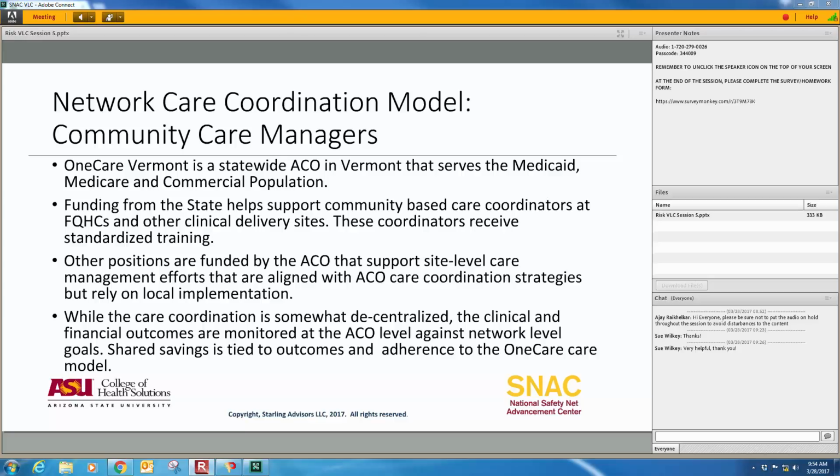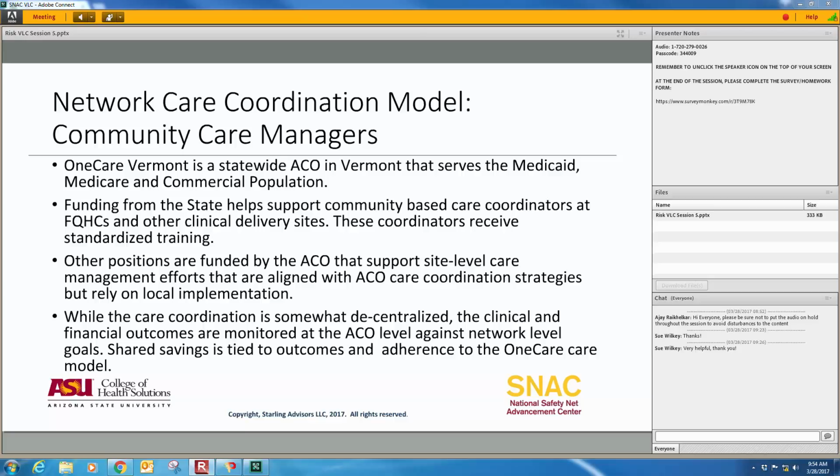This is a different model that we've worked with, which is a statewide model, but again, a somewhat centralized approach to care management that still gives individual control to the practices themselves for the day-to-day work of the care coordination activities.